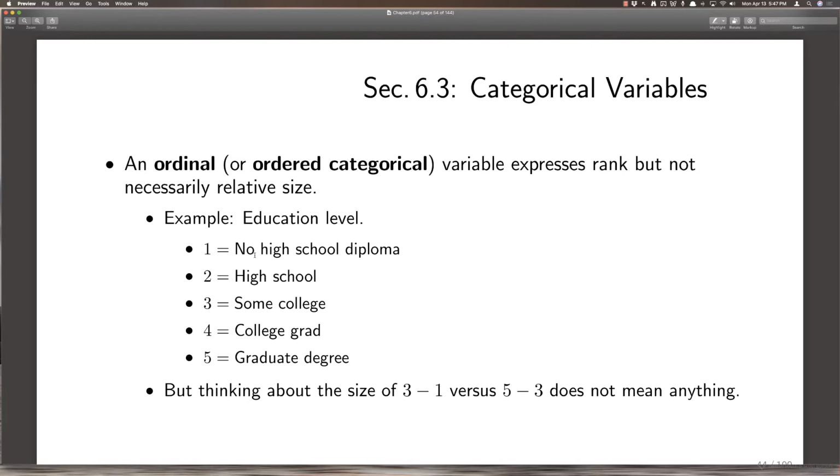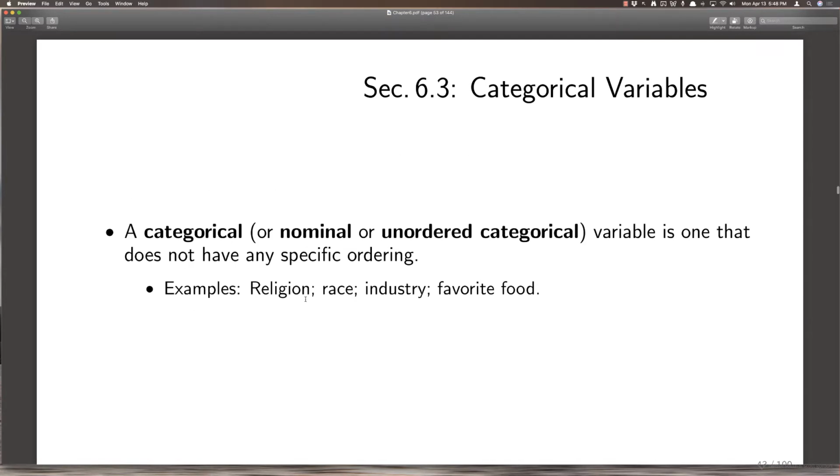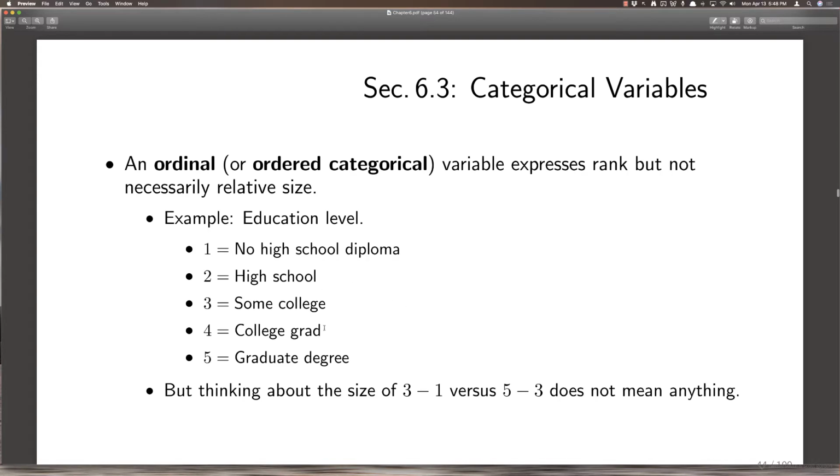So it's a common mistake that people make with ordered categorical variables. Usually with unordered, they don't make this mistake. With unordered, most people realize if I have eye color and blue is 1, brown is 2, green eyes is 3, I know I can't just throw that in a regression. That doesn't make a whole lot of sense. But some people are tempted to think that because there is an order here, going from 1 to 5 is more education, they want to throw that in as is. And you actually cannot do that.